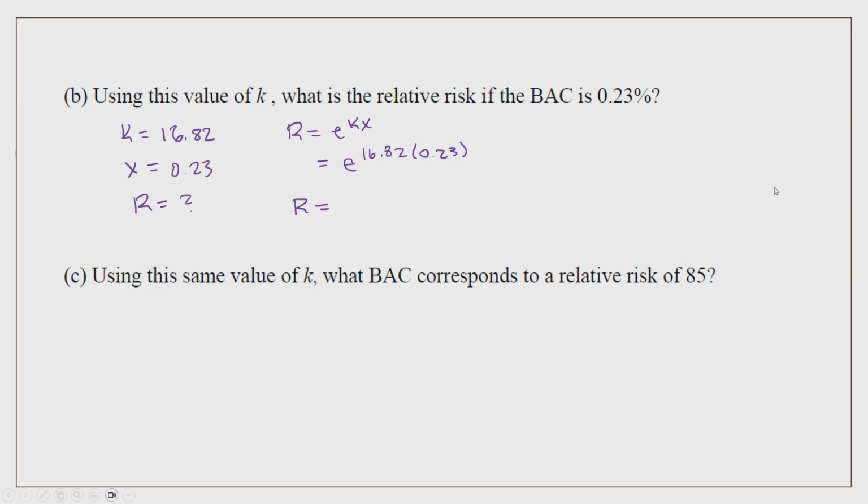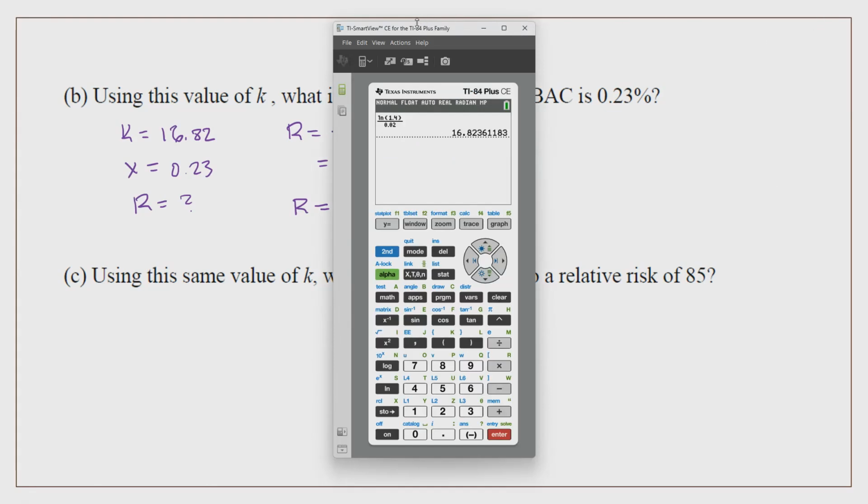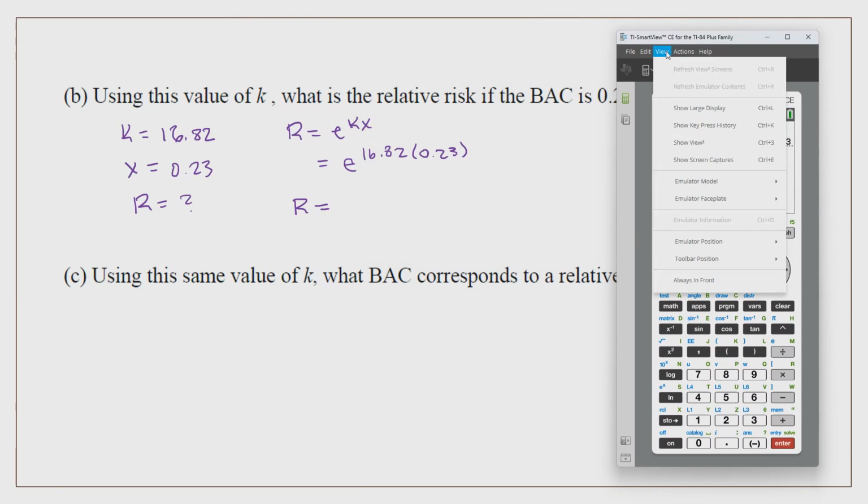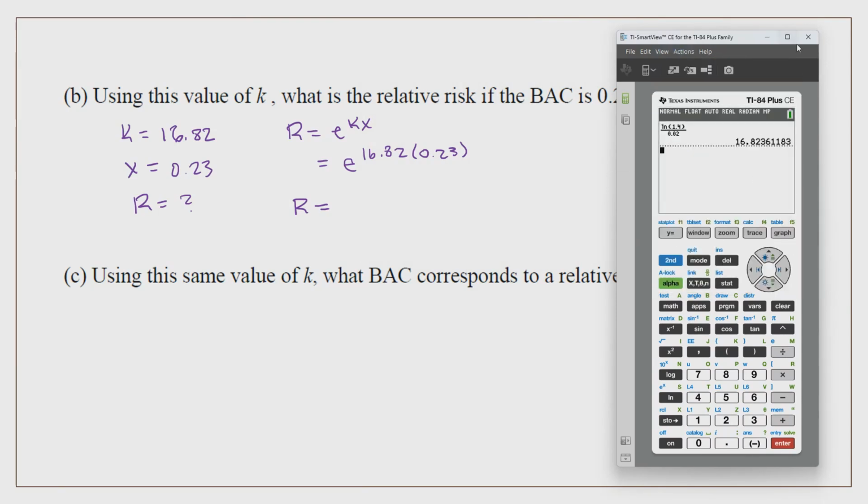So let's grab our calculator. Okay, so we'll have e to the power, so I'm going to take this right here. And then 16.82 times 0.23.